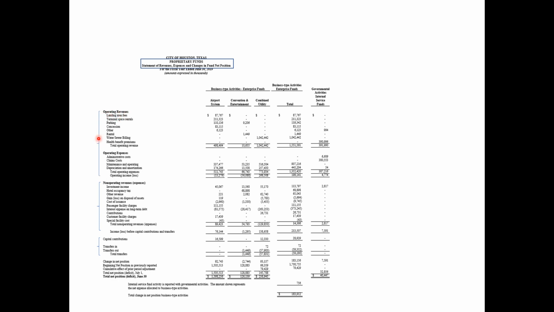First, we report the operating section: operating revenues and operating expenses. Next, we report the non-operating section: non-operating revenues and non-operating expenses. Non-operating means it's not their main business, basically, right?